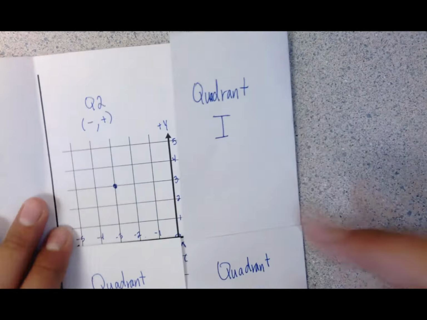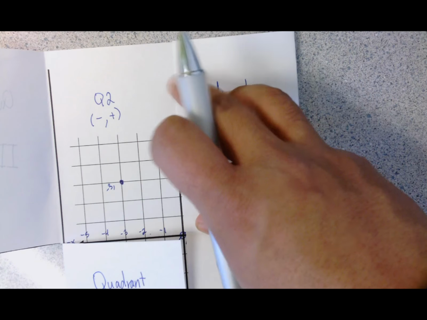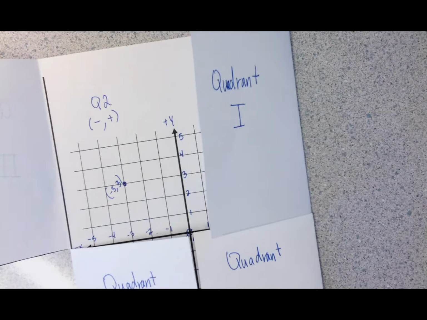Wait, let's go. Look, read out the axis first. Which way here? -3. So that's the first one. -3 and what? What's the y-axis represent? Okay, so then is it a positive or negative? Yep. Do you guys see that? Yes.